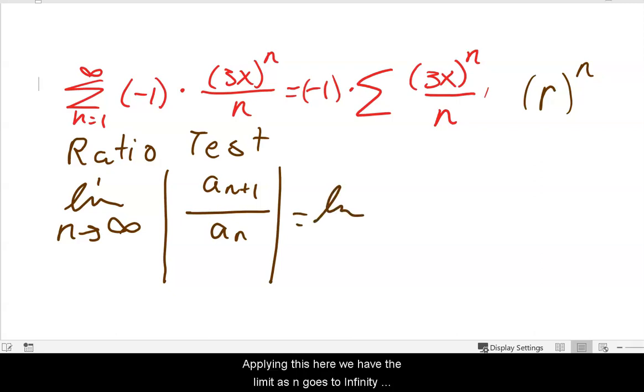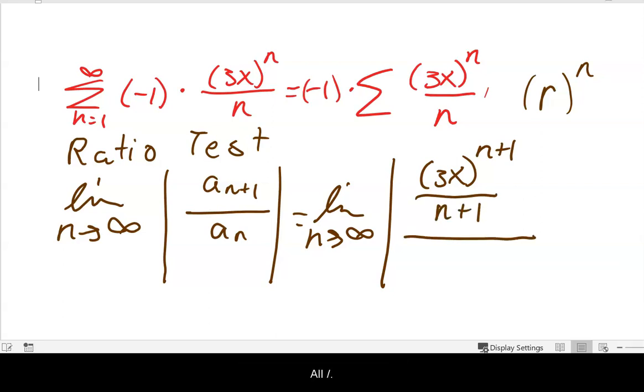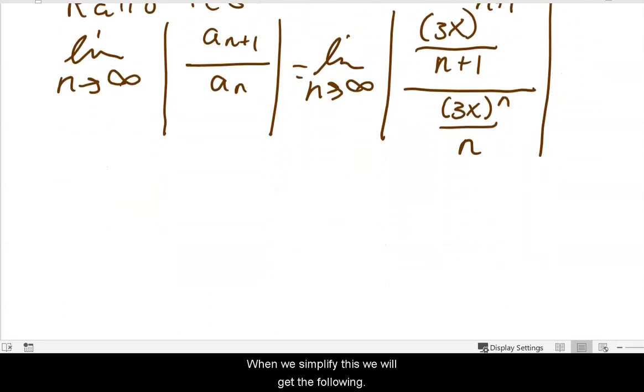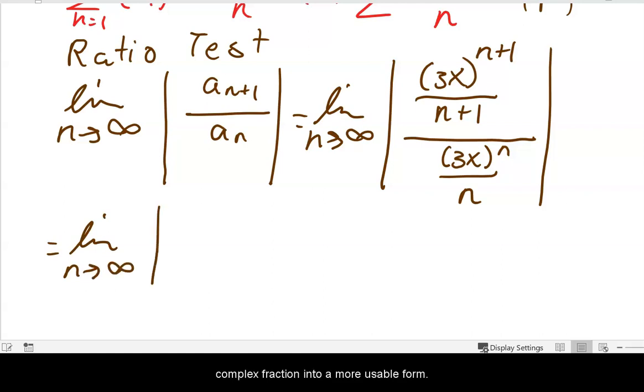Applying this here, we have the limit as n goes to infinity of the absolute value of quantity 3x to the n plus 1 divided by n plus 1, all divided by the quantity 3x to the nth power divided by n. When we simplify this, we will get the following. By taking the denominator fraction and multiplying by its reciprocal, we can algebraically simplify this complex fraction into a more usable form.